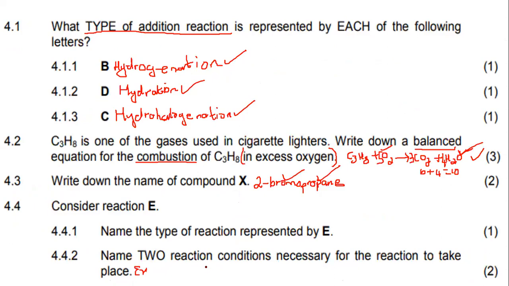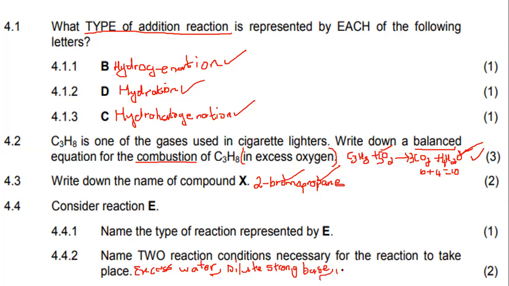So the 2 reaction conditions that we can simply talk about there: excess water. And you see, I'm not just writing water, my dear learners, I'm writing excess water. Secondly, another learner could have said a dilute strong base. I'm not saying just a base, I am specifying it's dilute and a strong base. And I'm also not just saying strong base because it has to be dilute as well.